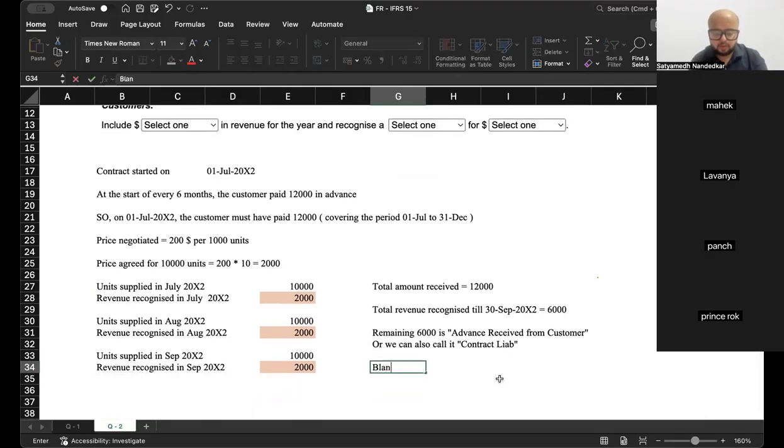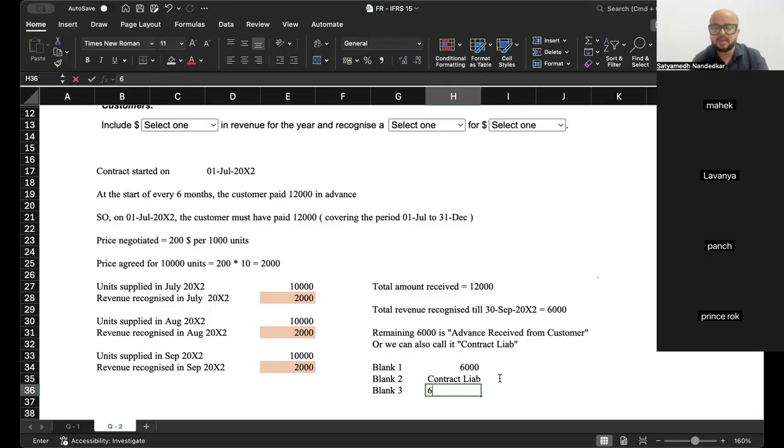So blank one, 6,000, blank two, contract liability, and blank three, 6,000. ठीक है. This is how the calculation will go.